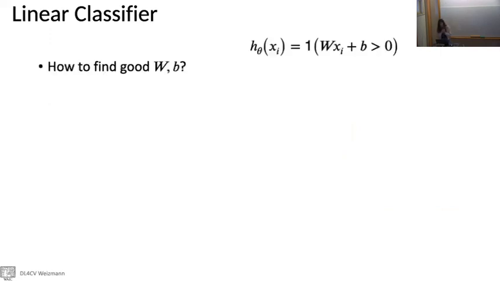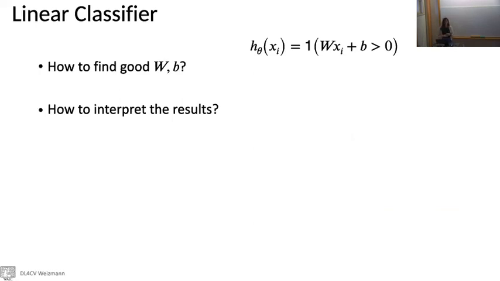Okay. So given this description of the hypothesis and with parameterization of W, B, how can we find good parameters for this linear classifier? And another thing that is very important is how can we interpret the results, right?